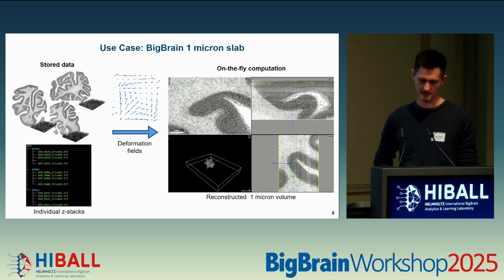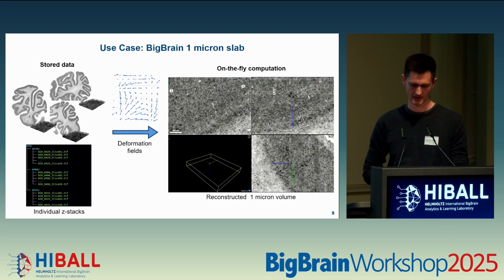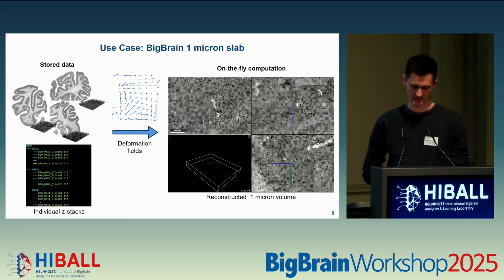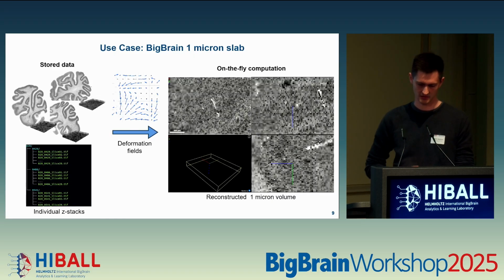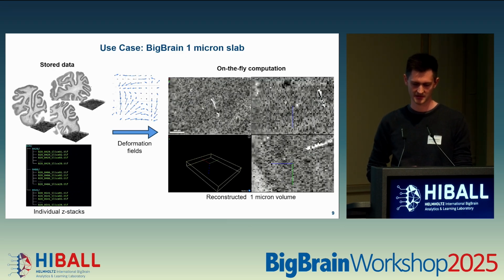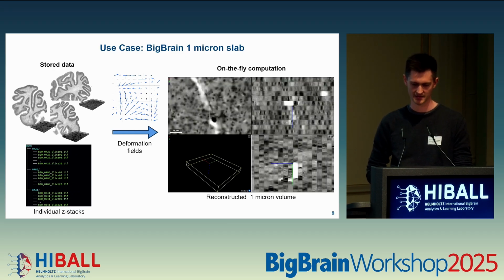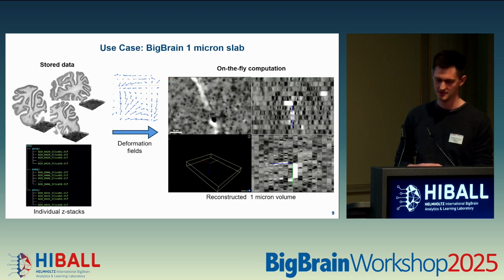So here you can see it for a slab of BigBrain 1 micron sections. And here you see that it's loading the higher resolution now just as the user requested. So there are deformation fields applied, Z-stacks that are loaded. So it's taking a bit of time, but you see it's working.